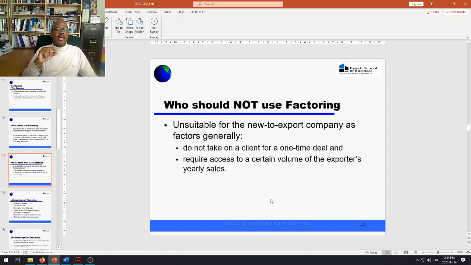If the factoring house allows the exporter to choose when and whom they decide to factor, so they get to choose that for this particular trading partner, we will give you the accounts receivables, but for this particular trading partner, we will keep the accounts receivables, and so on, then there's what's called a moral hazard problem.